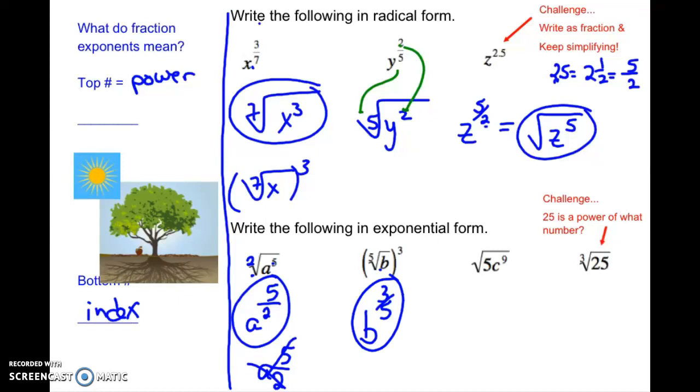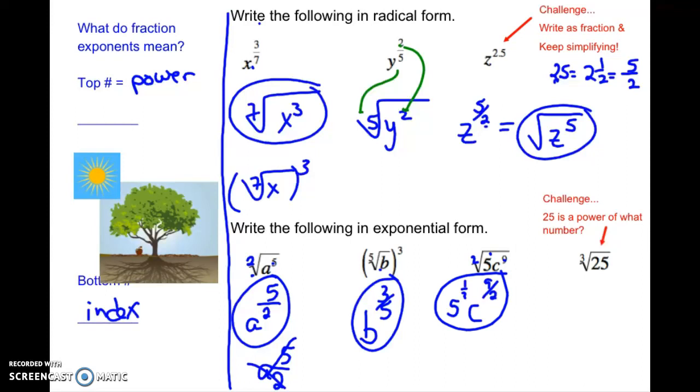In this next one, we have a square root. So there's a couple of different ways we can write this. I'm going to separate them as 5 to the 1/2, because this is just 5 to the 1, times c to the power 9 over 2. So 5 to the 1/2 times c to the 9/2.